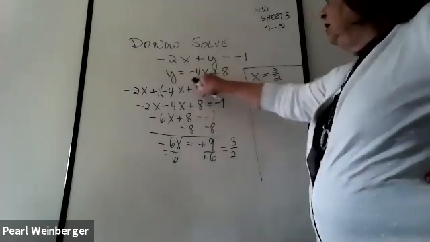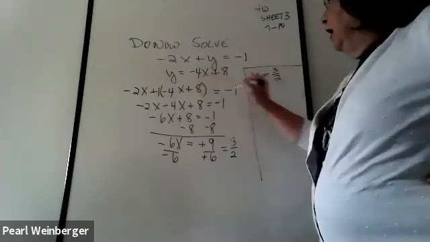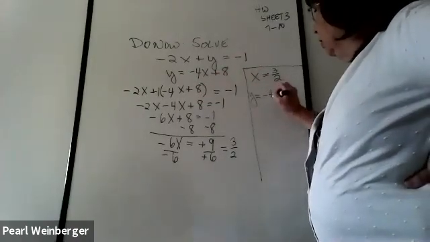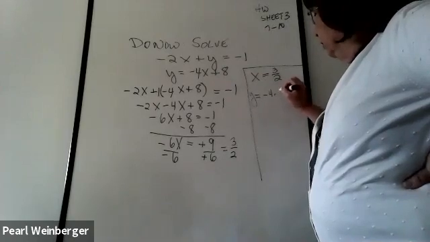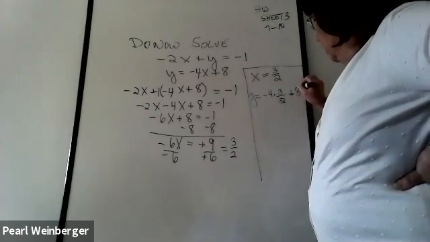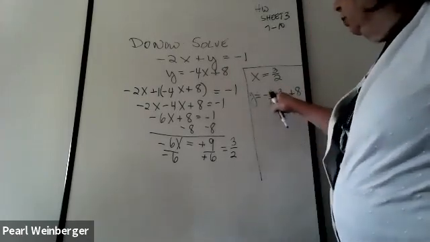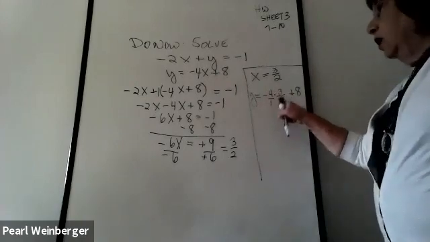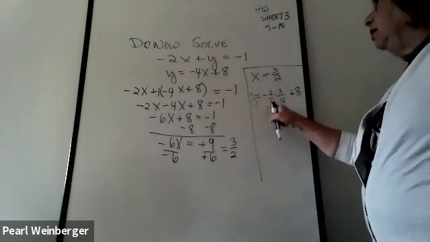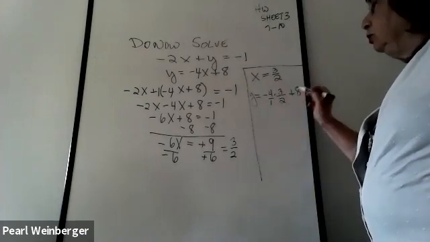But I'm going to take this equation, y equals negative 4x. I'm going to do negative 4 times 3 over 2 plus 8. Now, I'm going to put this 4 over 1 so I can multiply these two together. If you want, you can take your calculator and do negative 4 times 3 divided by 2.